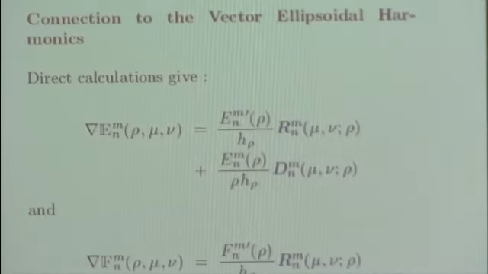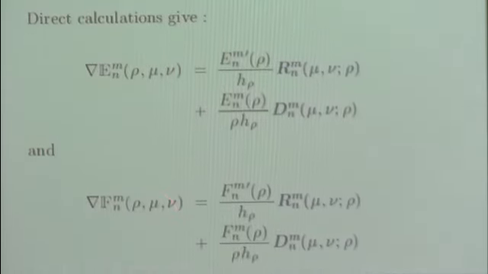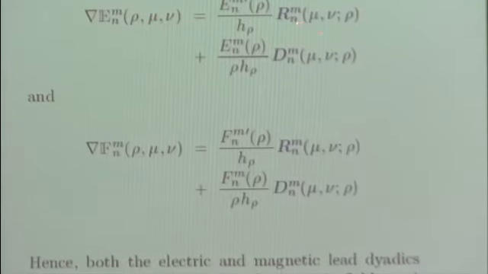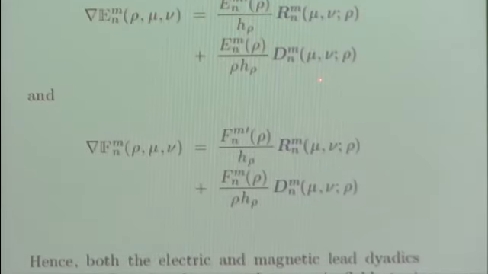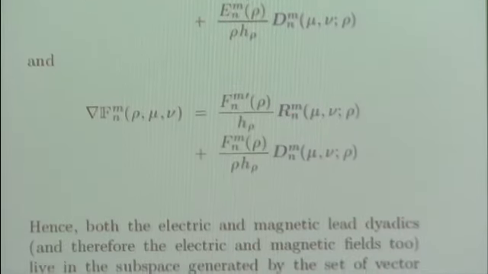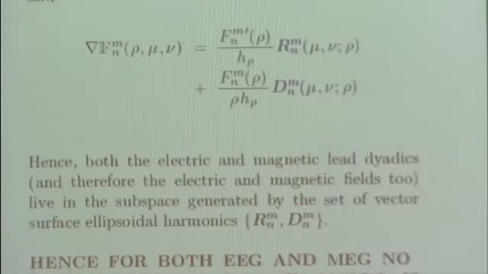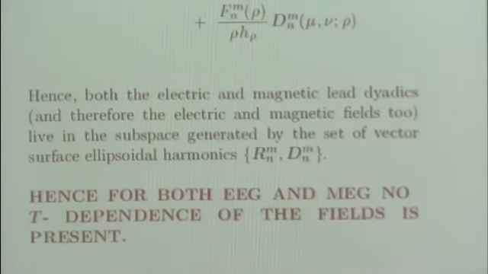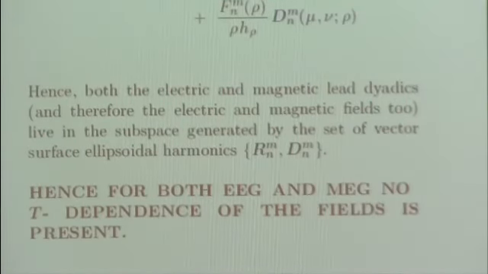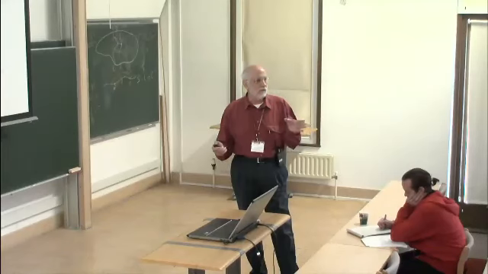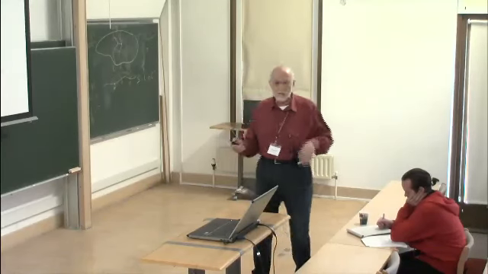By doing some calculations, you see that the gradient of the interior is expandable in terms of the rho and the d functions, no t dependence. If you go to the exterior, again the same, rho dependence and d dependence. That means that no matter whether you take recordings from electroencephalography or magnetoencephalography, the t dependence of the field never appears. So this has not been incorporated into the way you pick up measurements in EEG and MEG yet.